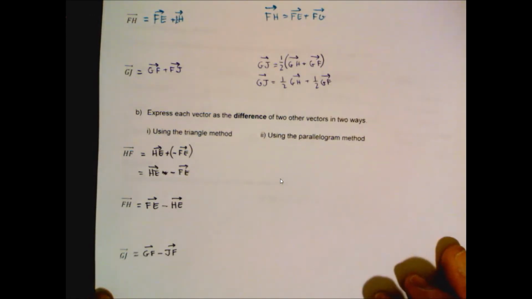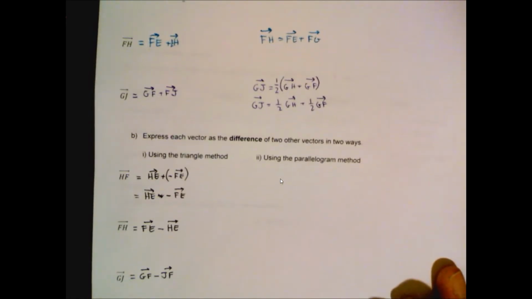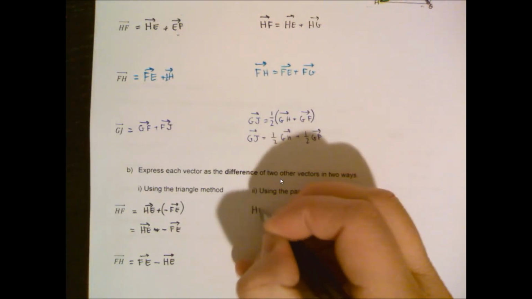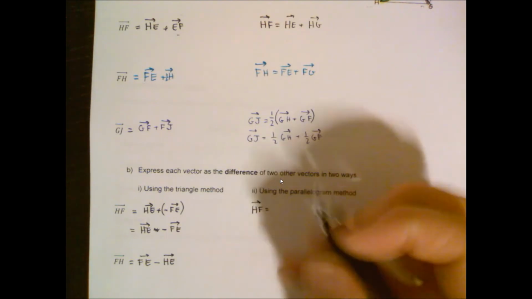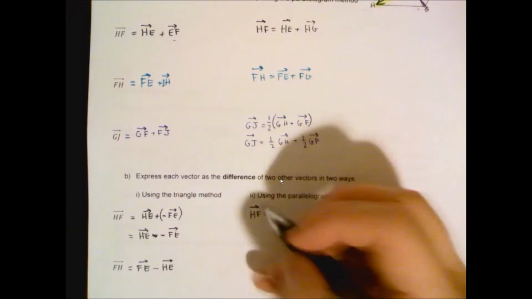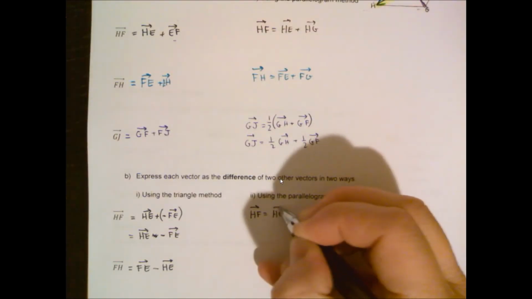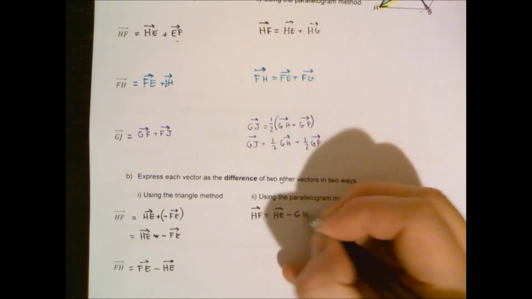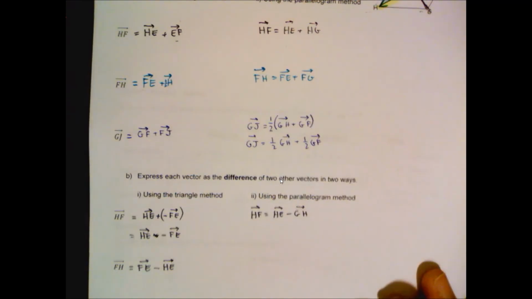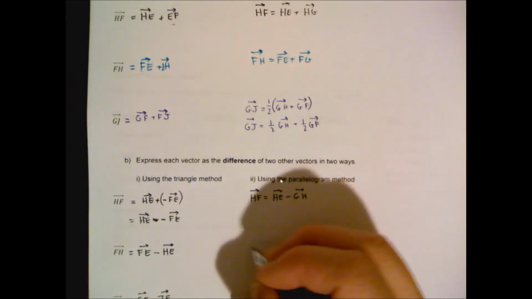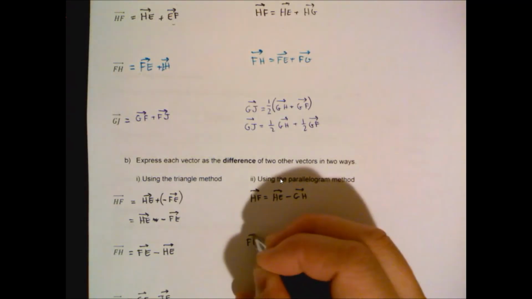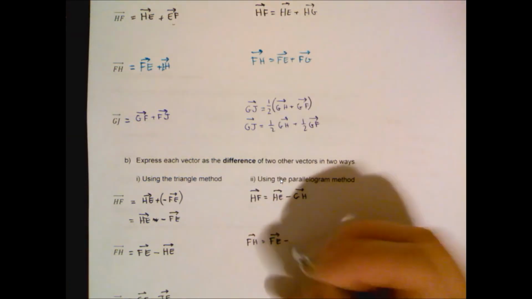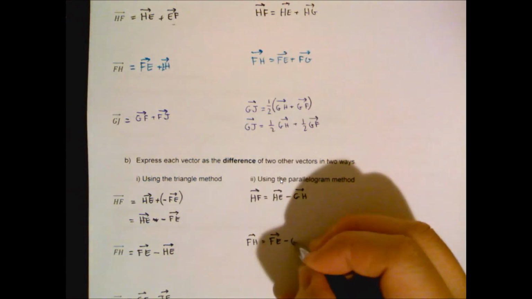All right, and I can do the exact same thing with these guys. So here, HF is equal to HE minus, switch the order, GH. Same thing here, FH is equal to FE minus, switch order here, GF.